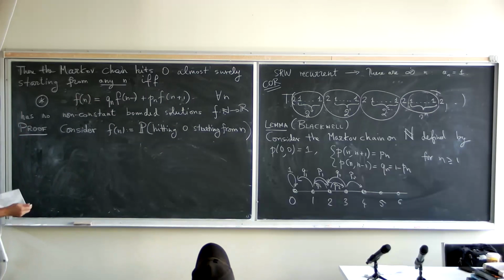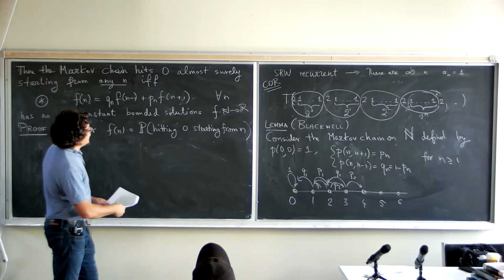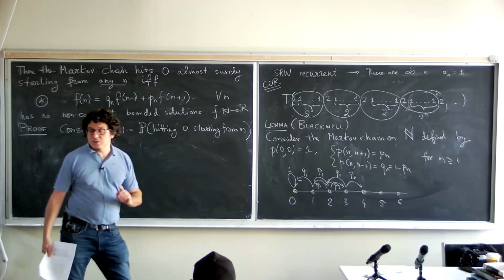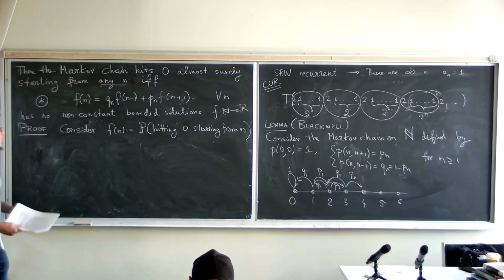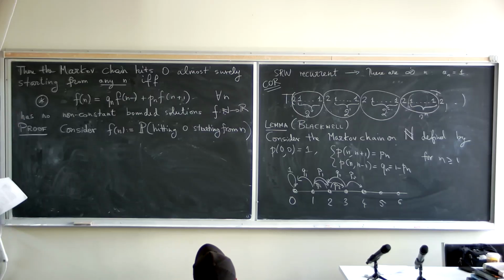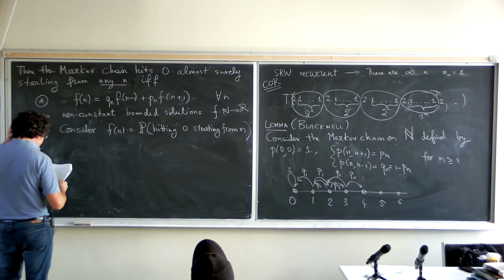So probability is definitely a bounded function. That's good. And the other thing we have to check is whether this satisfies this equation star. So why does it satisfy the equation star?